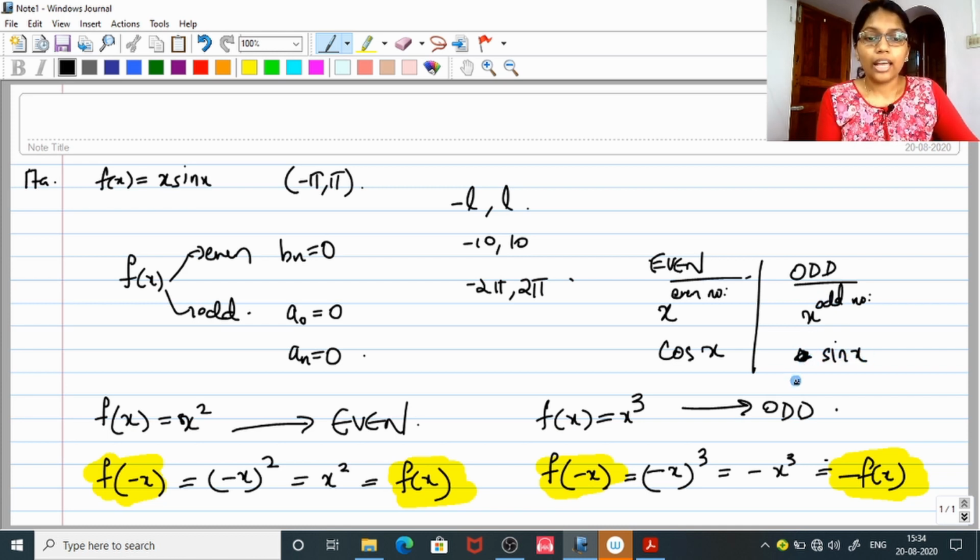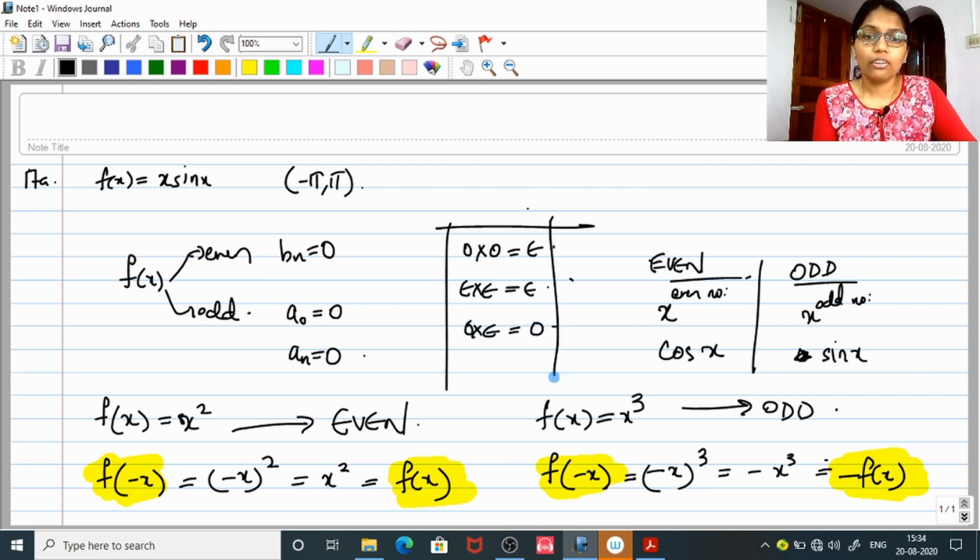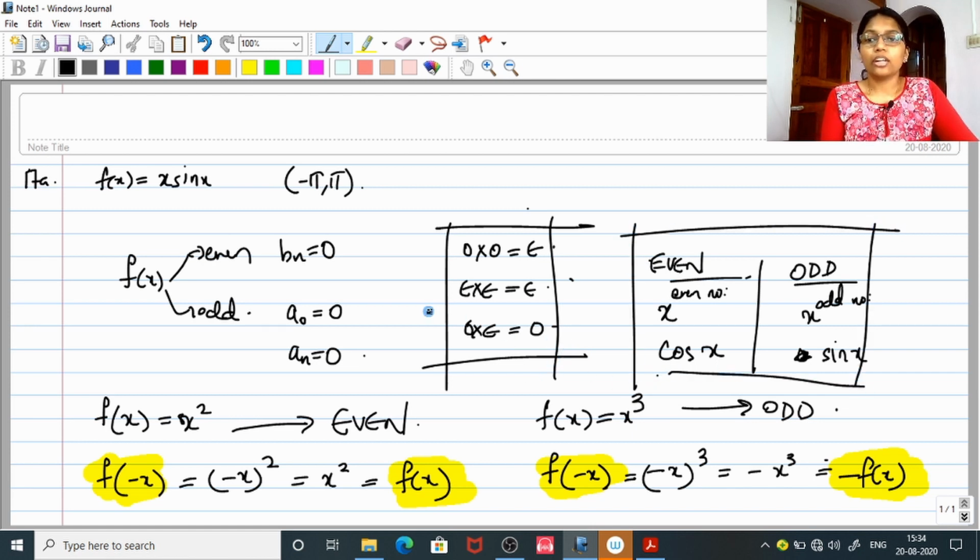And one more thing: odd into odd is an even function, even into even is an even function, also odd into even is an odd function. When you learn these two tables by heart, you can easily find what type of function you are dealing with, if it is an even function or an odd function.